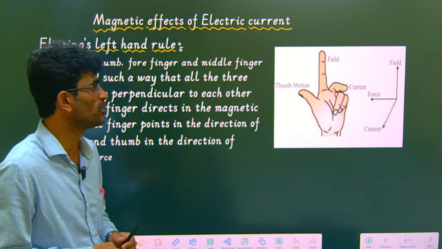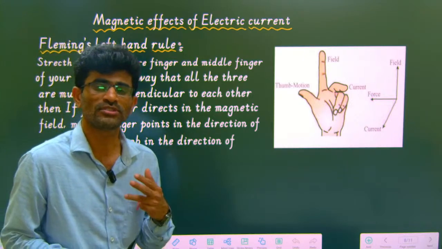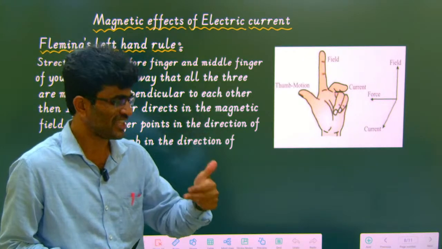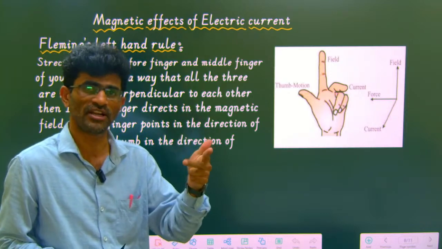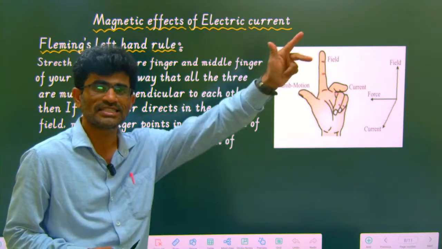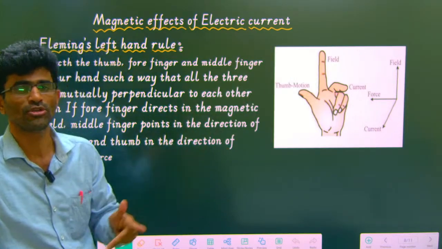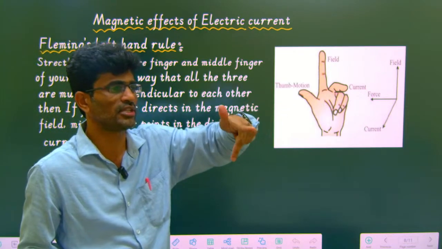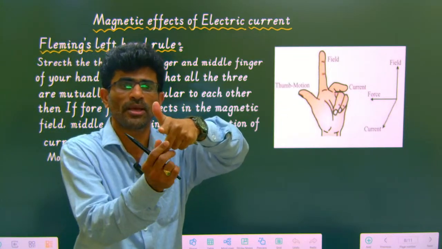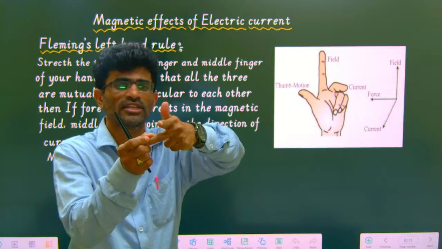To know the direction, you have to stretch your thumb, forefinger and middle finger of your left hand in such a way that all three are mutually perpendicular to each other. Like this we have to keep them, so that all three look perpendicular to each other.